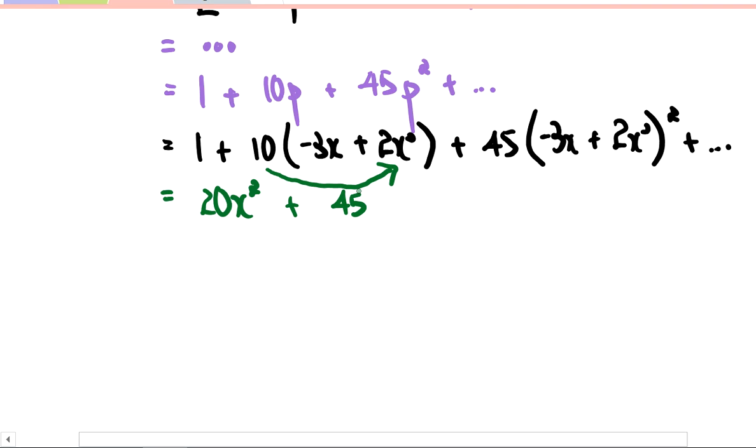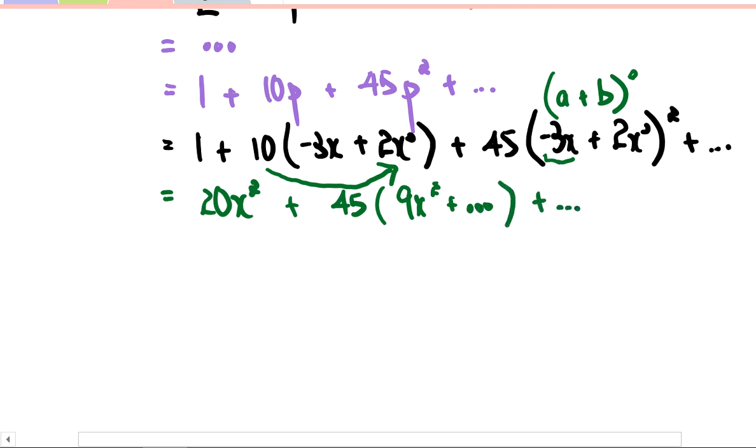The only term that will allow us to get an x squared is if you approach it as (a plus b) squared. If I square a, only negative 3x, when you apply the square, it will give us 9x squared. And the remaining will not be any term in x squared.